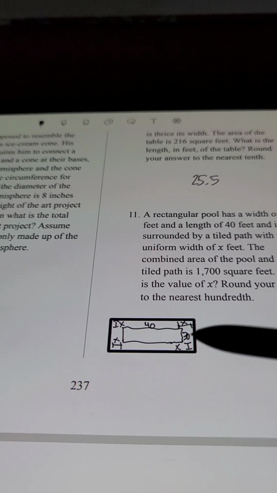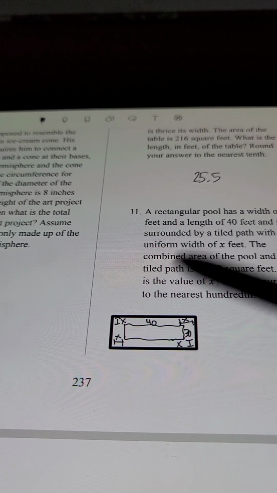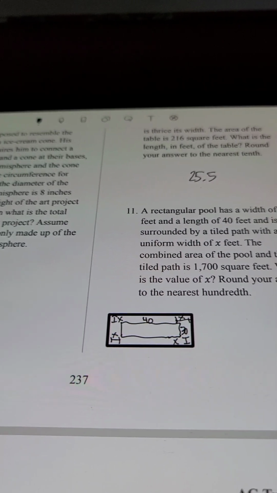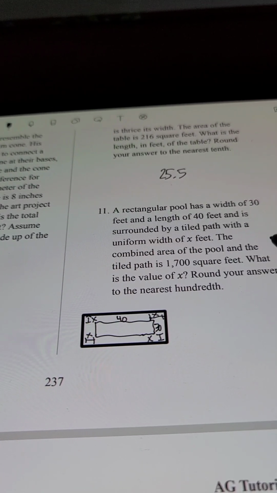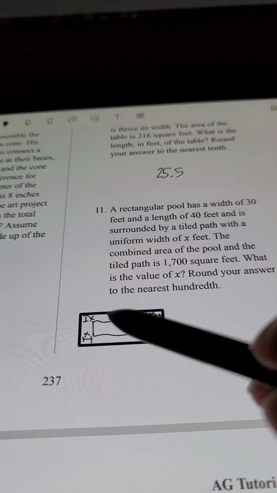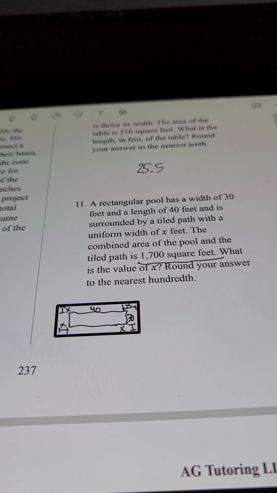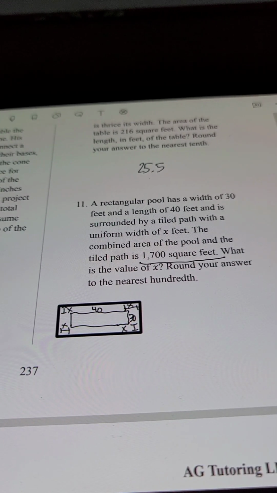So I wrote that here, that is what these 4 X's represent. And then we know that the combined area of the pool plus the tile path, so basically the area of the big rectangle, is equal to 1,700 square feet. And we want to find the value of X.